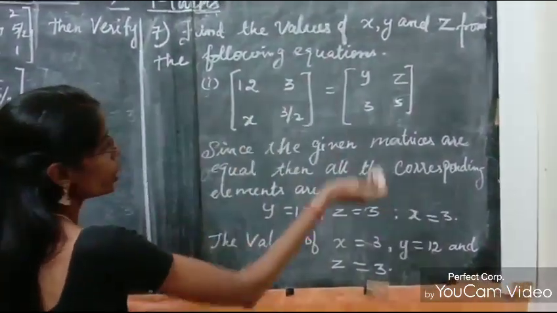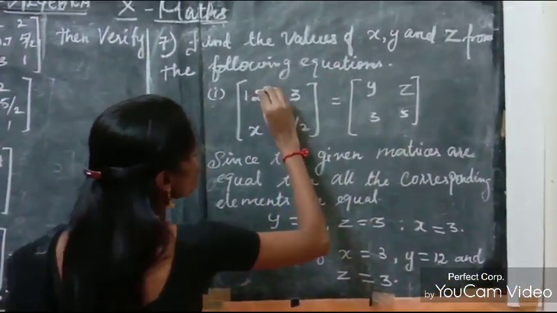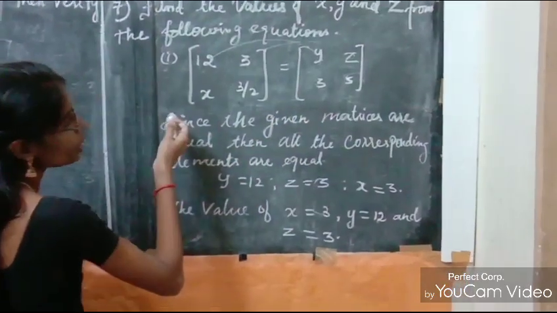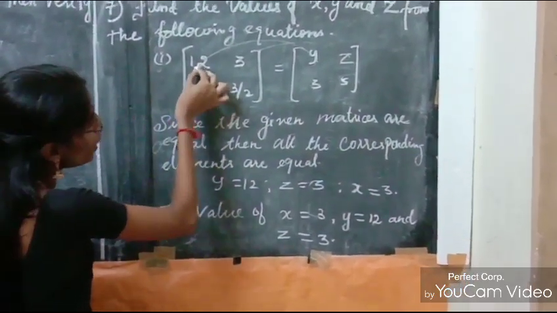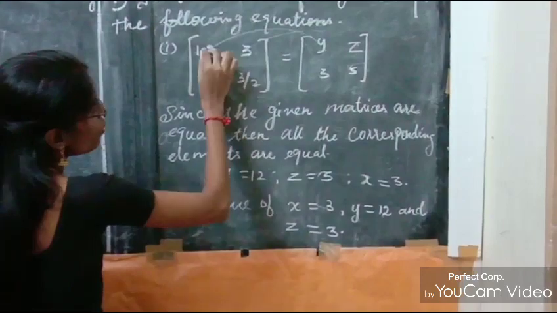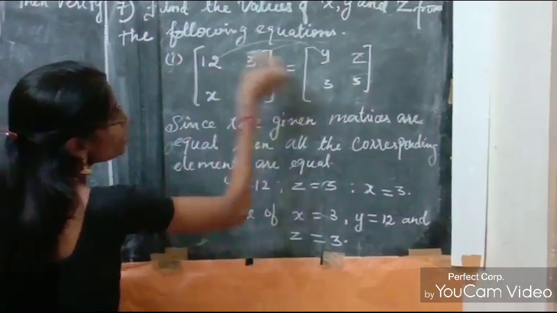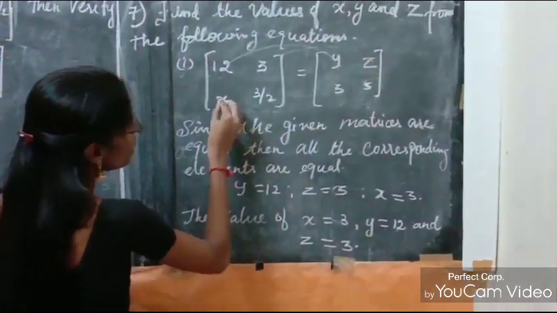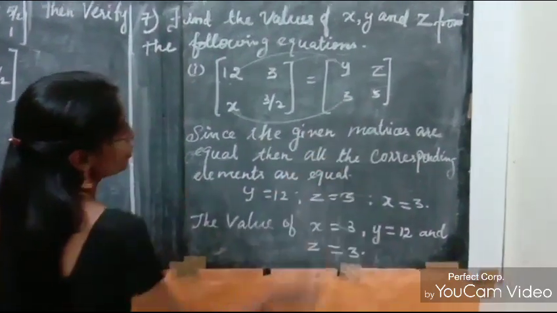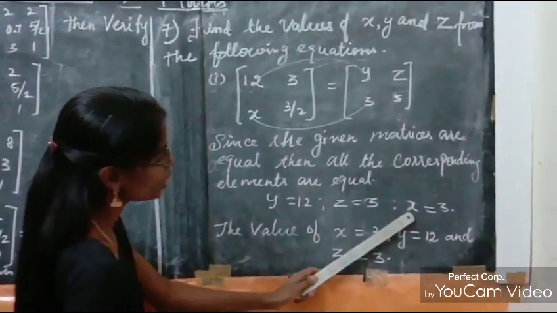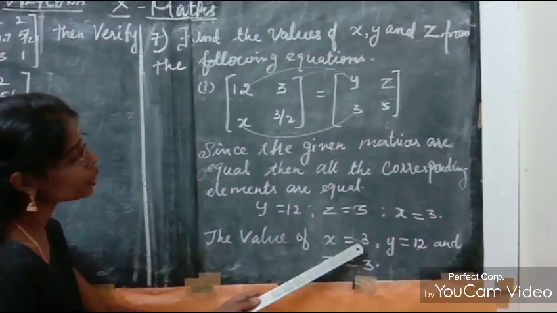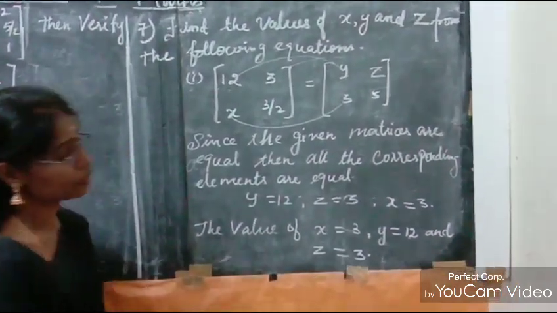Just equate the corresponding elements. Here the y value is 12, the z value is 3, and x is equal to 3. The value of x is equal to 3, y is equal to 12, and z is equal to 3.